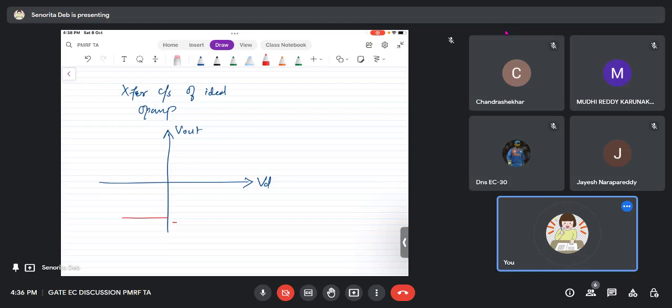From below 0 values, it will saturate at minus Vsat, and for positive values, it will saturate at Vsat. This is your ideal characteristic, because you saw that the symbol was like this, right? Whatever input difference Vd you give, the output is V out, and the maximum voltage that the op amp will reach is plus Vsat or minus Vsat. So this is the ideal characteristic.